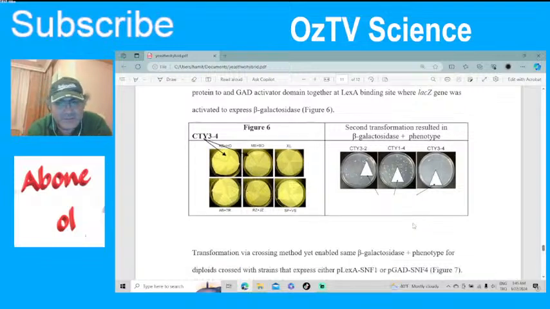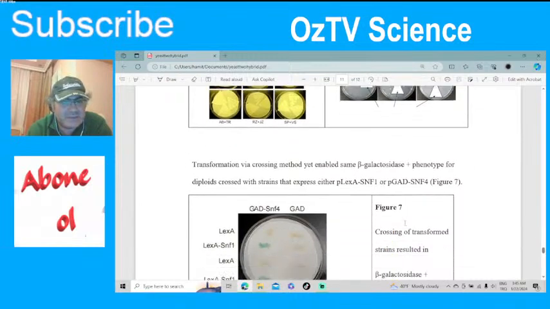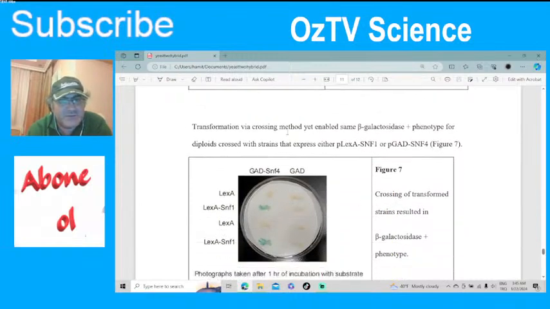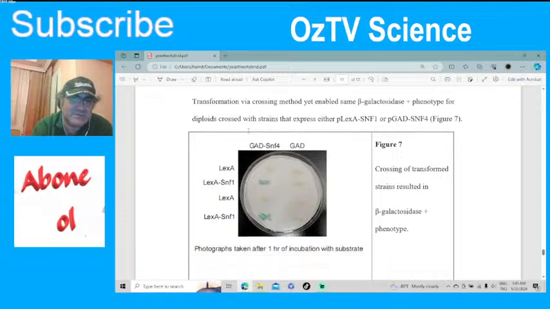So that's that. Transformation via crossing method yet enabled the same beta-galactosidase. So if you bring the same genes together, with crossing, whether you're putting two plasmids together in the same cell, or you're bringing two haploids together via crossing, it depends on your lab's availability.